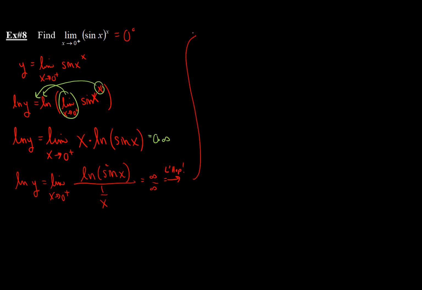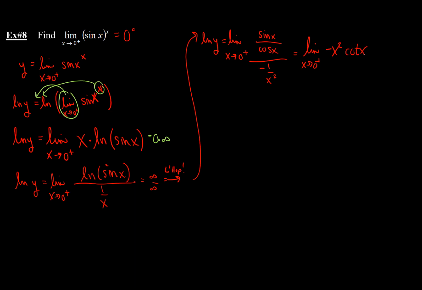So let's do that. I'm going to have cosine over sine, and then here I'm going to have negative 1 over x squared. Now, if I simplify this, I'm going to end up with a negative x squared times the cotangent of x.